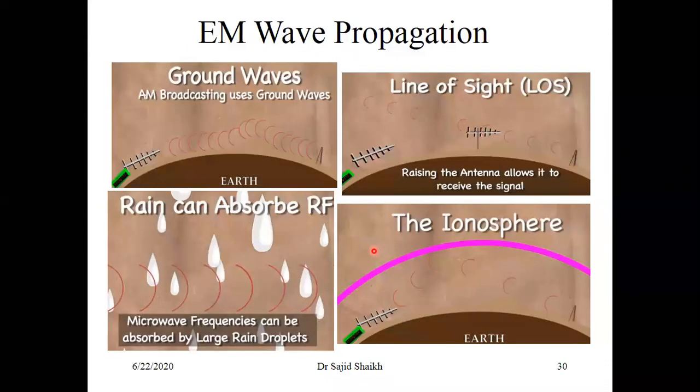Here again there are some important factors we have to understand: during the rainy season, raindrops absorb the electromagnetic waves. You know that during rainy seasons we will not get the TV channels, right? We will not get the signal for TV channels, our TV channels stop working. Why? Because rain water absorbs the electromagnetic waves.